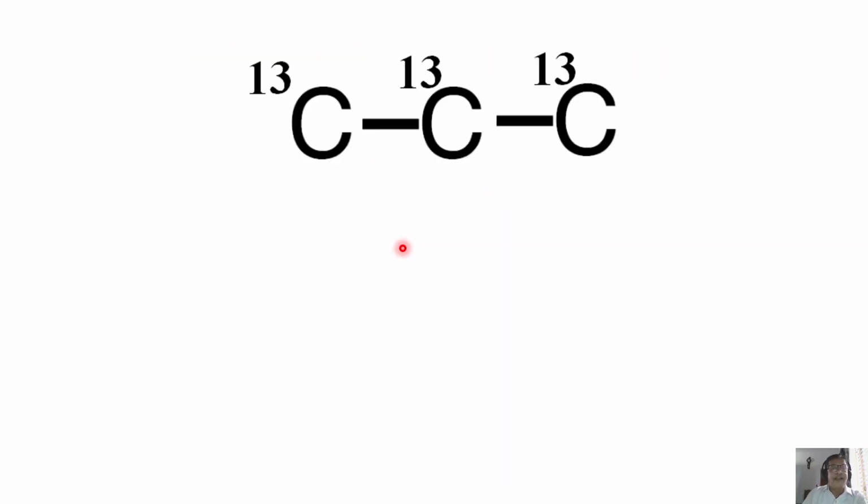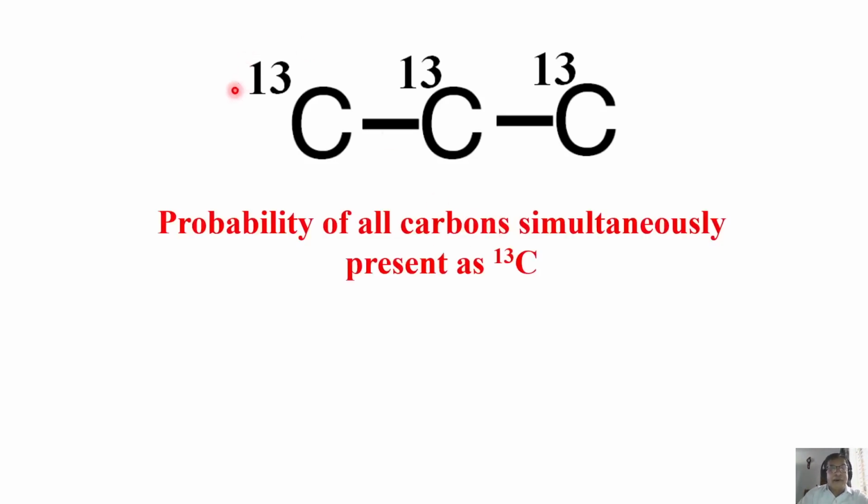Okay, that's fine. Now I will go to carbon 13 with 3 carbons. That means 3 carbons present in a molecule, simultaneously bonded like this, sequentially. What is the probability of all the 3 to be carbon 13 now? Up to this we know, 1 in 10,000. Now another 1 in 100 you have to add.